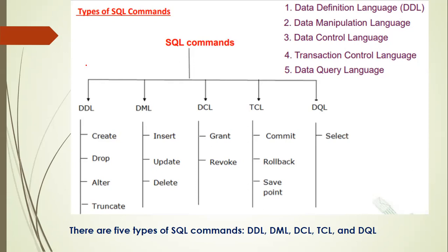DCL, data control language, has grant, revoke. Transaction control language has commit, rollback, savepoint. The last one, data query language, has select. So these are the major commands which we will use in the practical session.